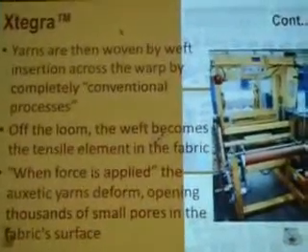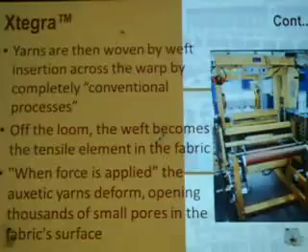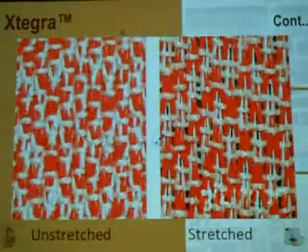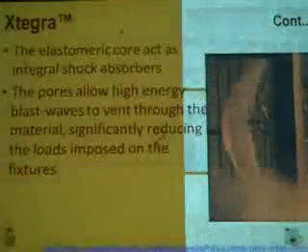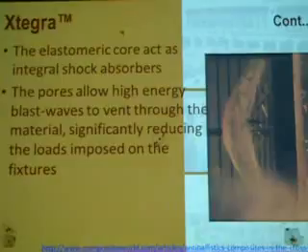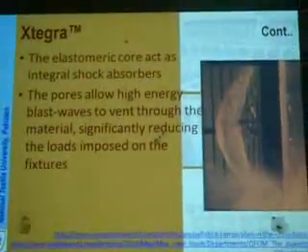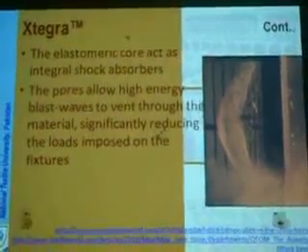When force is applied, the auxetic yarns deform, opening thousands of small pores in the fabric surface, and you can see the difference in these pictures. The elastomeric core acts as the integral shock absorber. The pores allow high energy blast waves to vent through the material, significantly reducing the load imposed on the fixture.